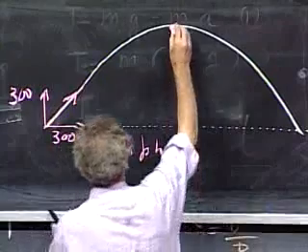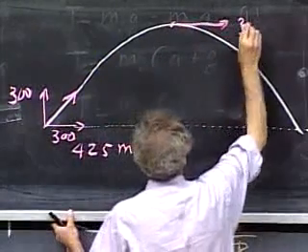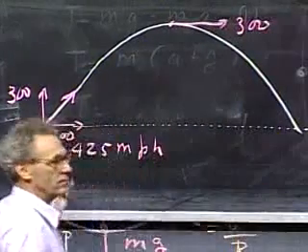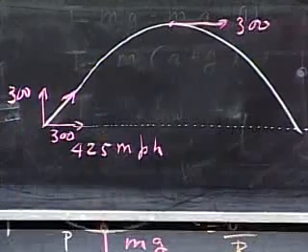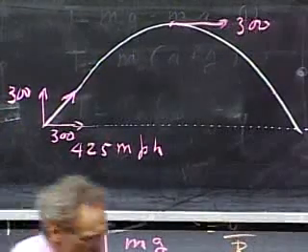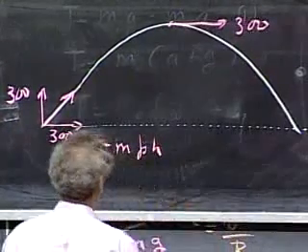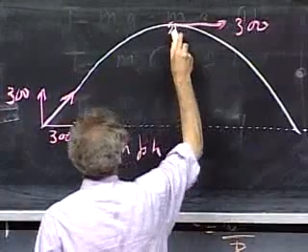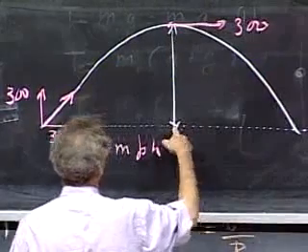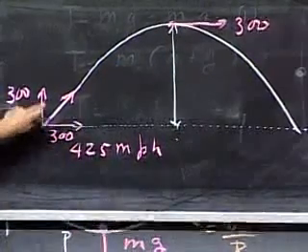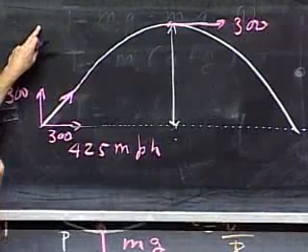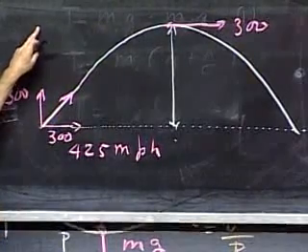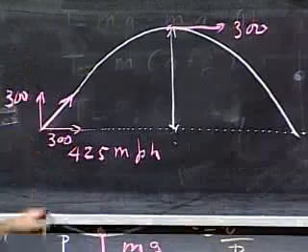Right here at the top, clearly, there will still be 300 meters per second in the absence of any air drag. You should be able to calculate with all the tools that you have available how high this goes from this level. In other words, what is the time that the velocity in the y direction comes to 0? You can calculate that, and then you know how much it has traveled.